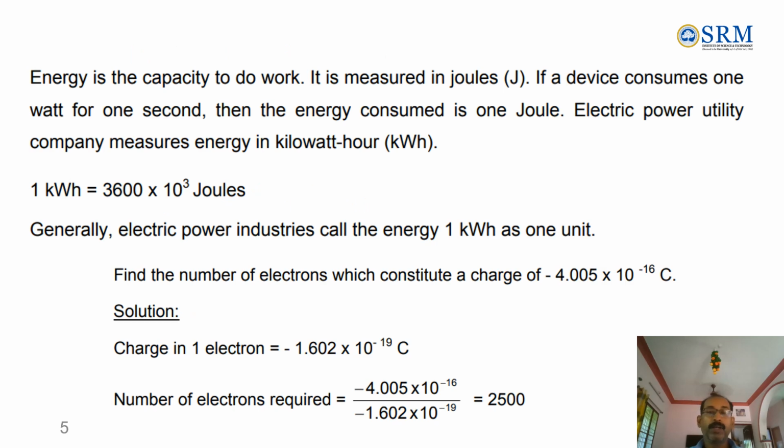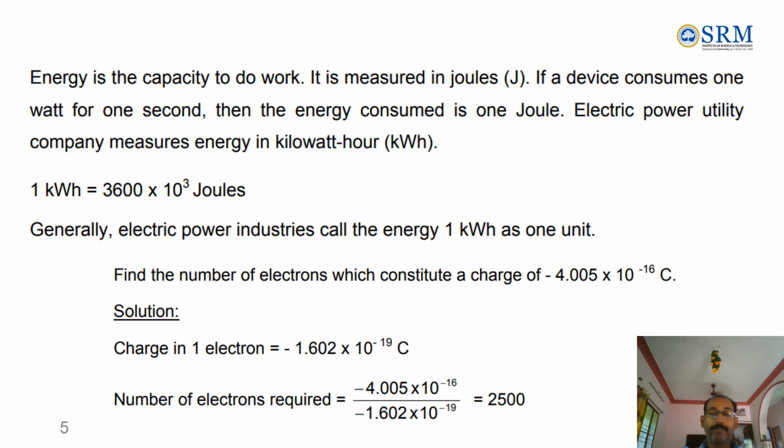Right? So now let us see the energy. What is energy? Energy is nothing but power into time. Power unit is watts, time unit is seconds. So power into time you can refer to as energy, that is measured in joules. If a device consumes 1 watt for 1 second, then the energy consumed is 1 joule. The electric power utility company measures the energy in kilowatt hour.